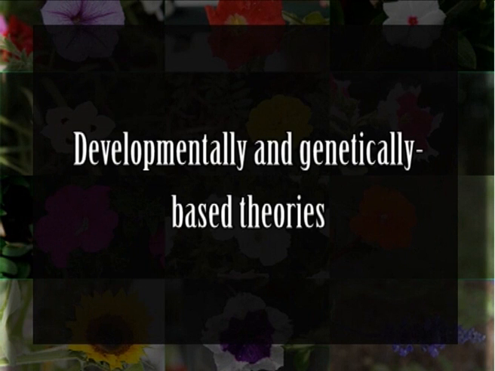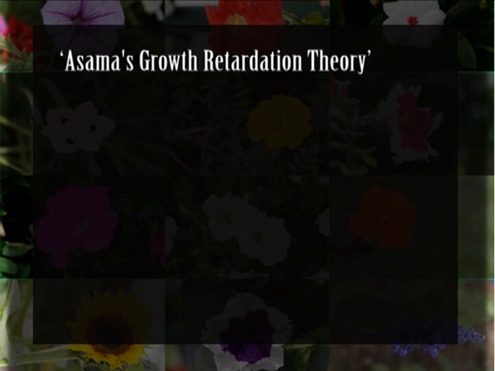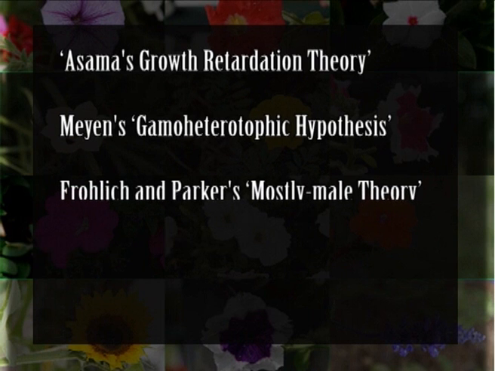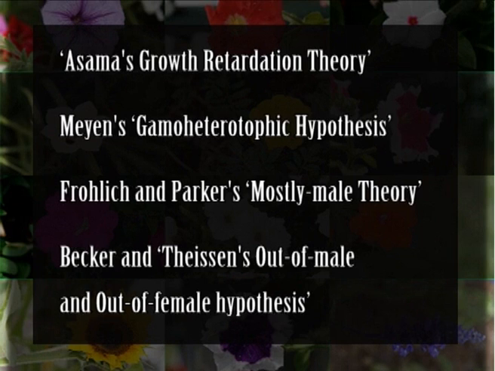Developmentally and genetically based theories. Ideas on the origin of angiosperms based on evidence from the study of ontogeny of seed plants include Asama's growth retardation theory, Mayon's gamoheterotrophic hypothesis, Frohlich and Parker's mostly male theory, and Becker and Theissen's out of male and out of female hypothesis.